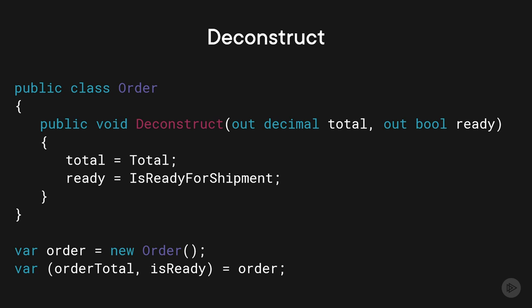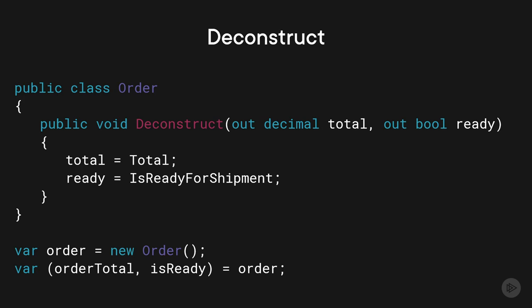You need at least 2 out parameters, and you can overload this method with a different number of parameters. It's important to know that you are required to have a different number of parameters for those overloads. It does not matter if only the types of the parameters are different.